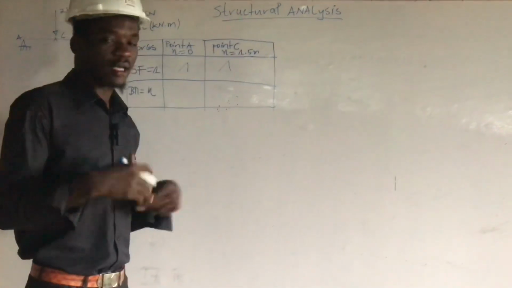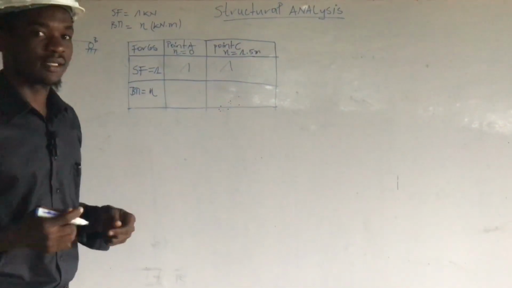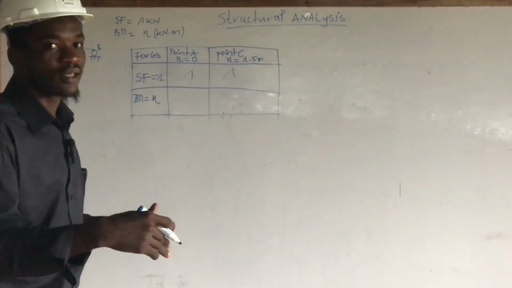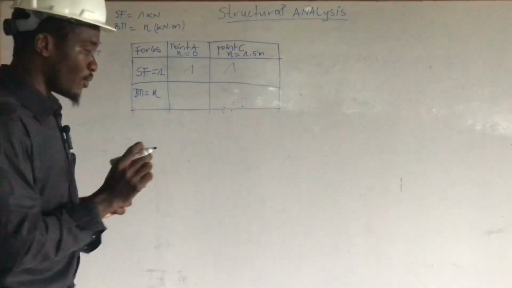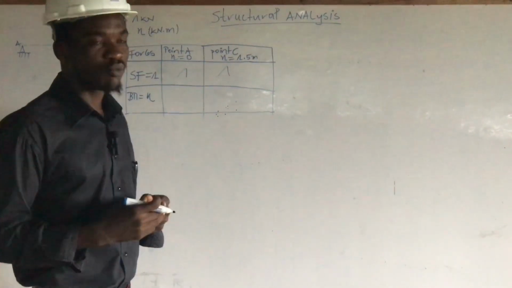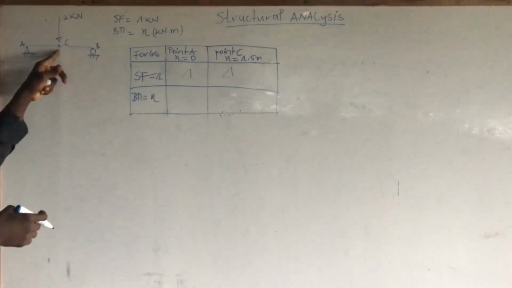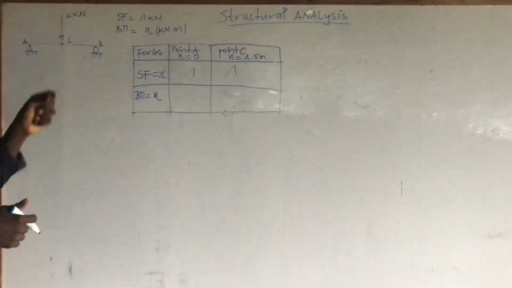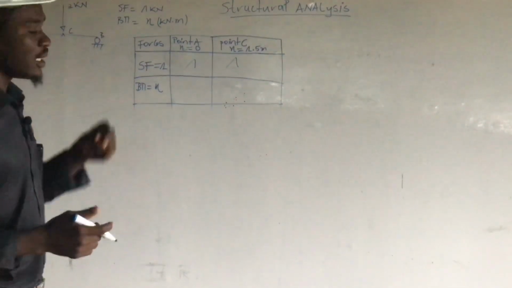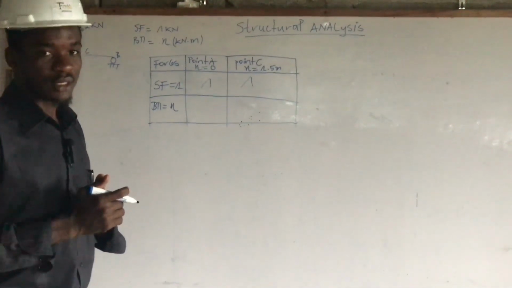Here x ends at 1.5 because we make one section from A to a certain distance x, where x is between 0 and 1.5. That's between 0 and the load, because the load is applied at the center of our structure, at exactly 1.5, since the length of our structure here was 3 meters.